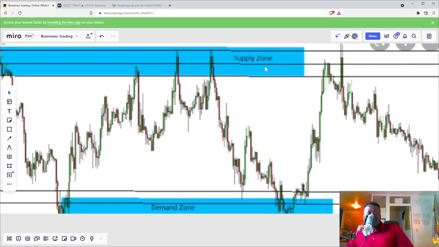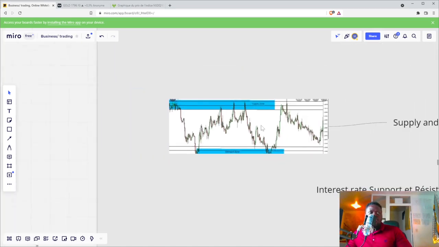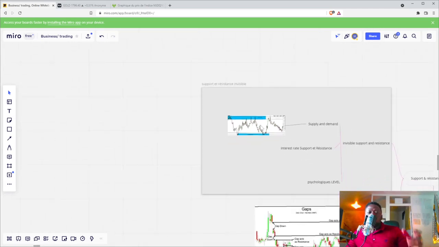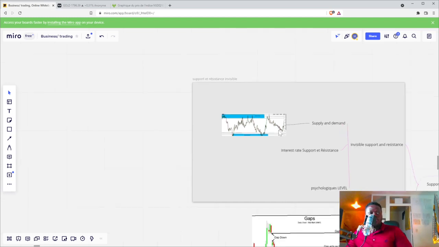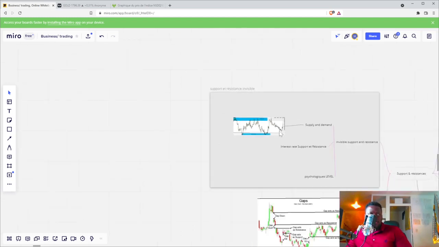This is the main thing with supply and demand. The price goes up quick and the price goes down quick. This is a supply and demand zone. It is good to understand the way the price moves when the price comes close to this area.